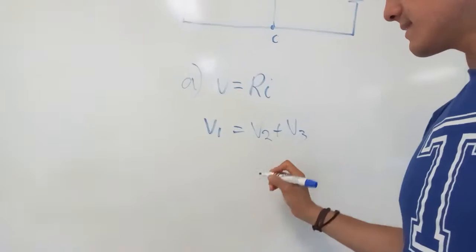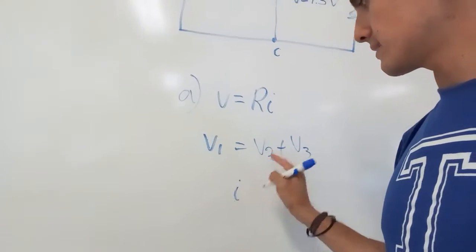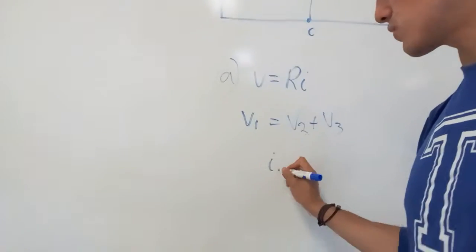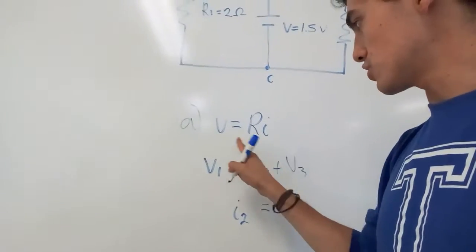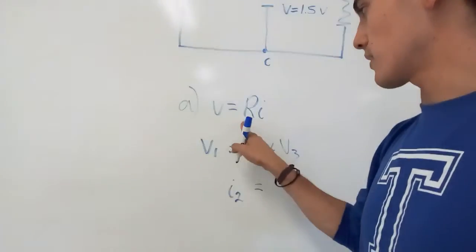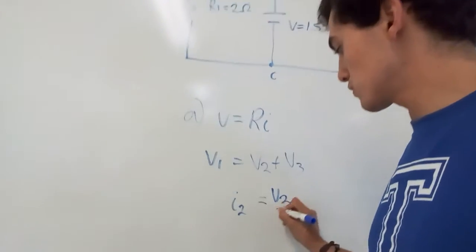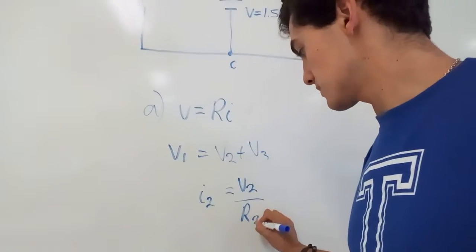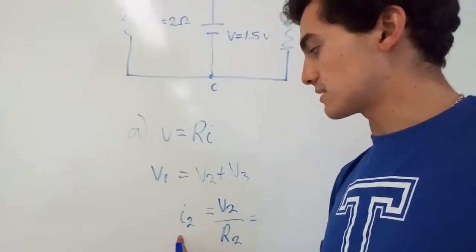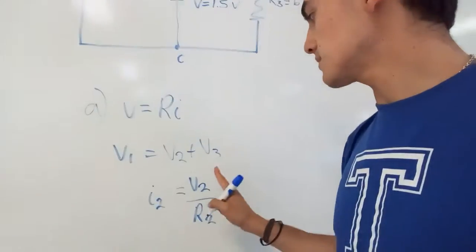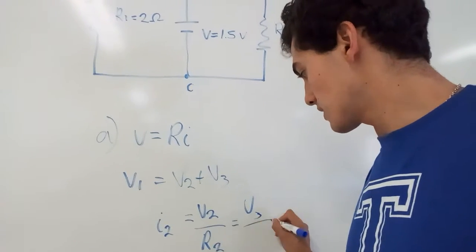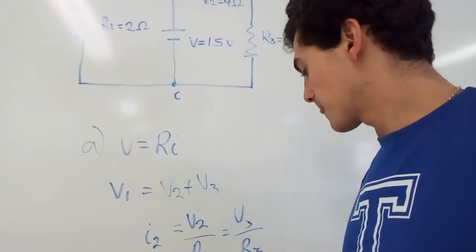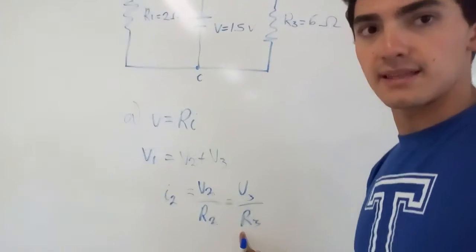So as the current is the same one, we can determine, for example, for the voltage 2, the current 2 is equal to the voltage over the resistance. So the voltage 2 is equal to the resistance 2 times the current. And as the current in 2 is equal to the current in 3, this will be exactly the same as the voltage in 3 over the resistance in 3.